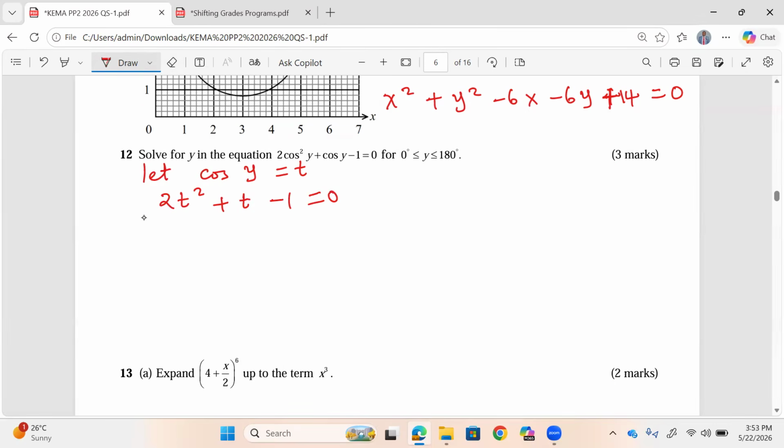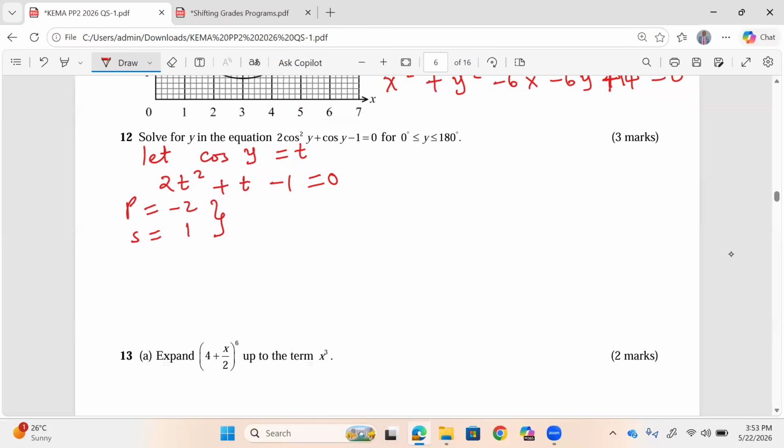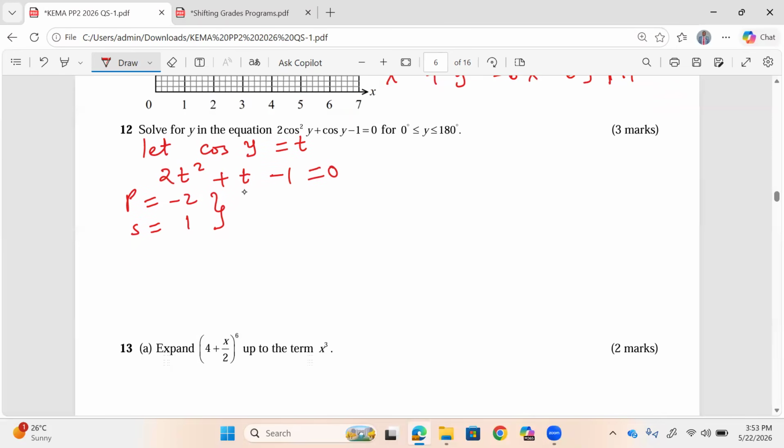Solving quadratically means product negative 2, sum 1. Two factors that multiply to give negative 2 and add to give exactly positive 1. These two factors can be 2 and negative 1. Yeah, 2 and negative 1.